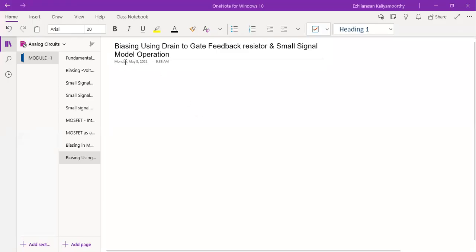So now we'll study biasing using a drain to gate feedback resistor. Let us see the figure.